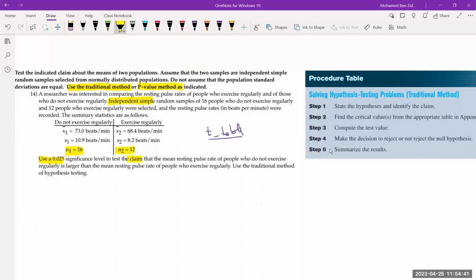So this is my claim: that the mean resting pulse rate of people who do not exercise regularly is larger than the mean of the people who exercise regularly.